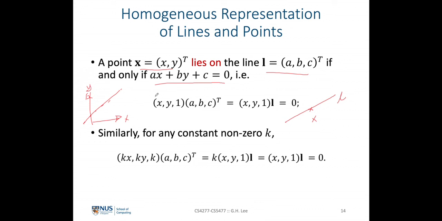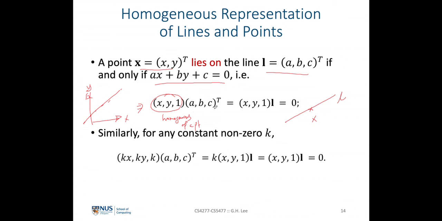So we can rewrite this polynomial equation into a matrix multiplication or a vector dot product over here. We can see that it becomes x y 1 multiplied by a, b, and c transpose. And interestingly, this x, y, and 1 becomes the homogeneous coordinates of a point x, y in the Cartesian space.